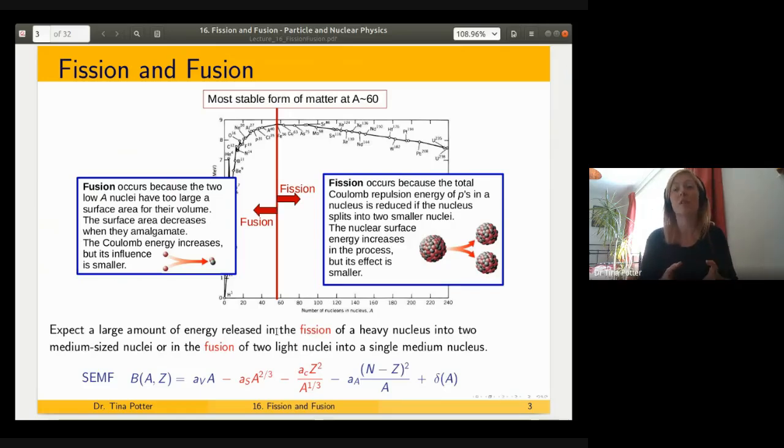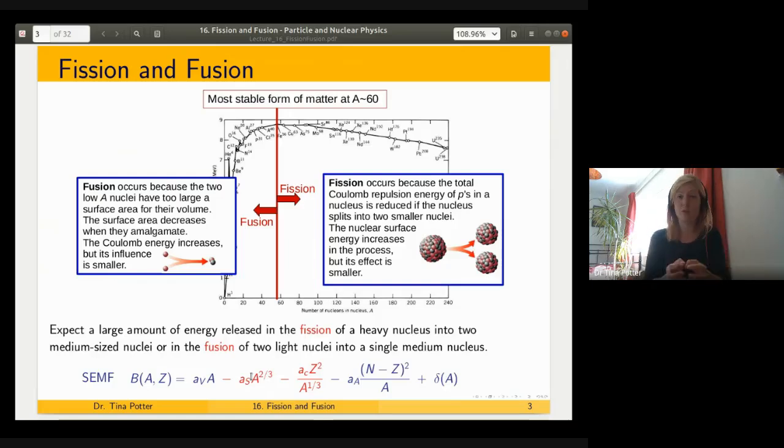It will just be the addition of the two pieces. It's really about how the Coulomb term and the surface term change. When we look at fusion, we've got two very light nuclei, and their surface term is pretty large for their volume. They've got a large surface to volume ratio.